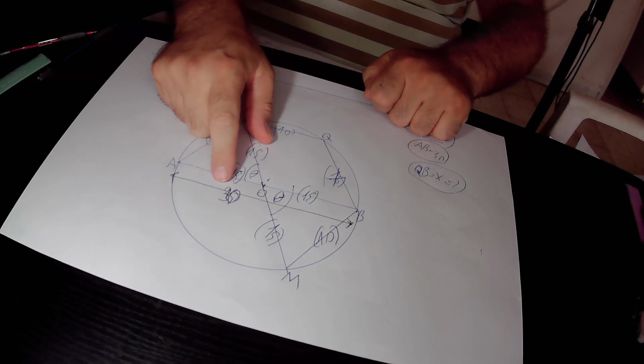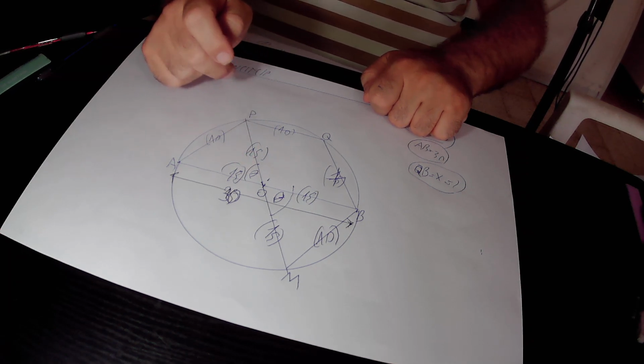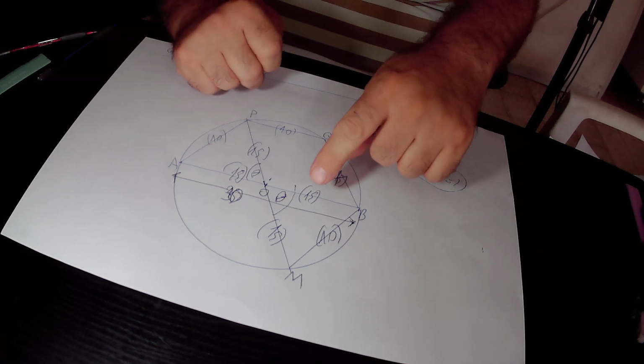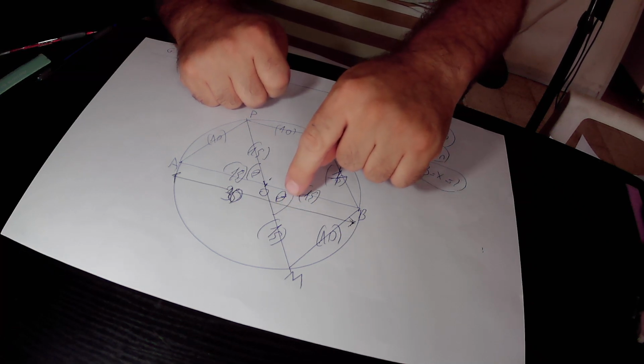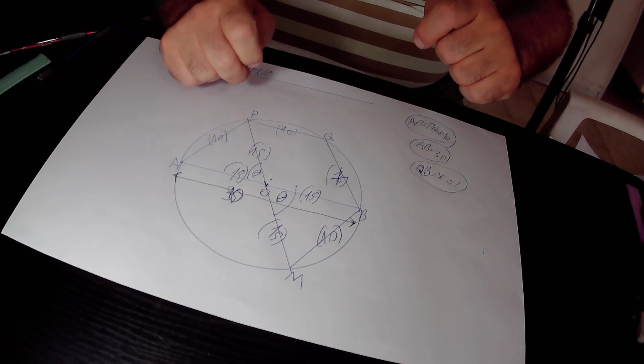We have those two sides and the angle included between them, that is angle theta, in triangle POA, which are correspondingly equal to those two sides and the included angle in triangle BOM.